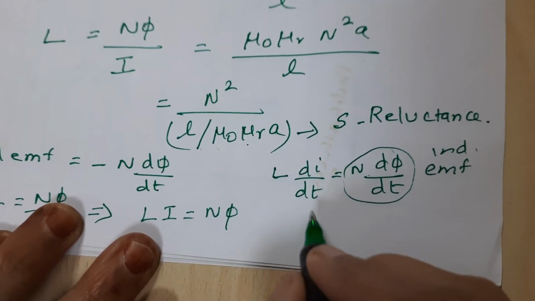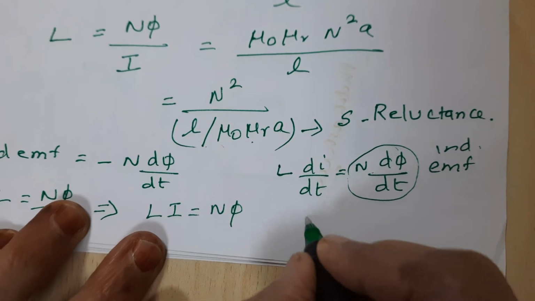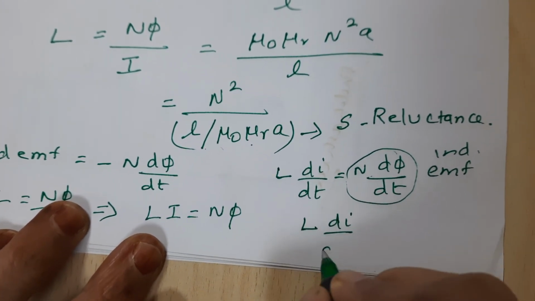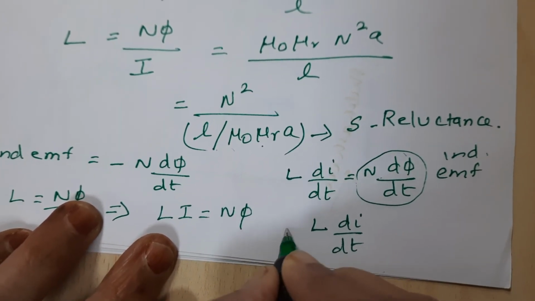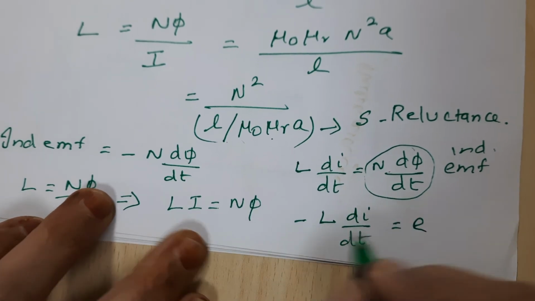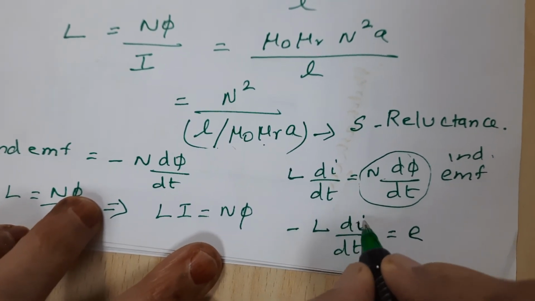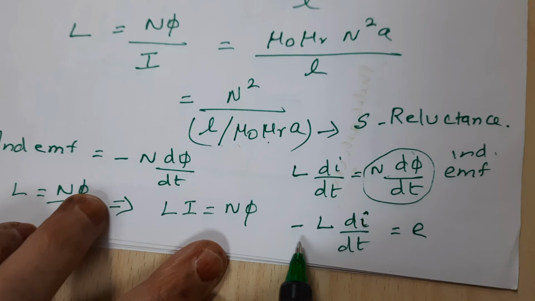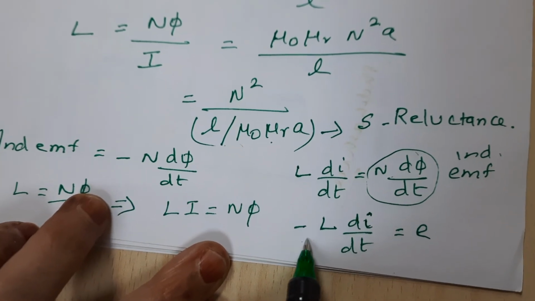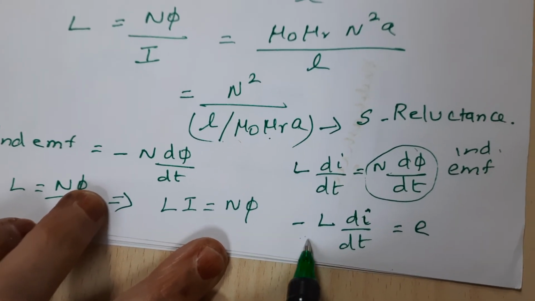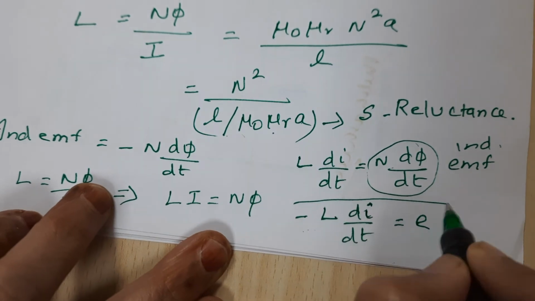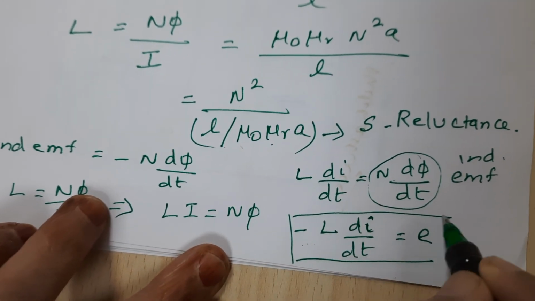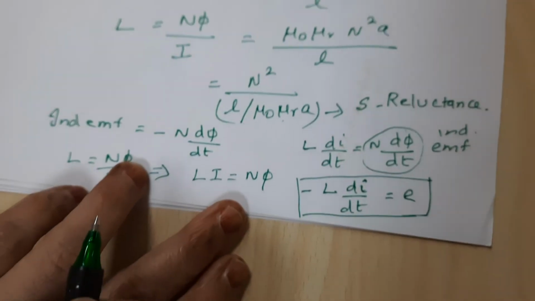So induced EMF now becomes L di by dt, of course with a negative sign because of Lenz's law, which states that the applied EMF and the induced EMF are opposite in direction. So the self-induced EMF is nothing but L into di by dt.